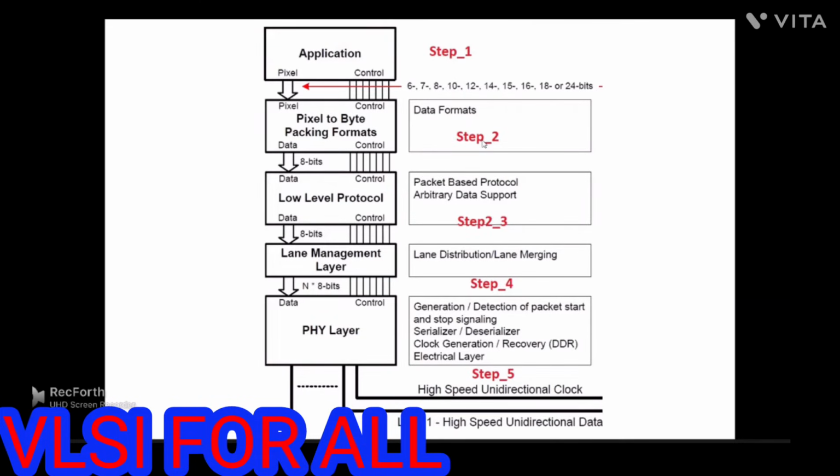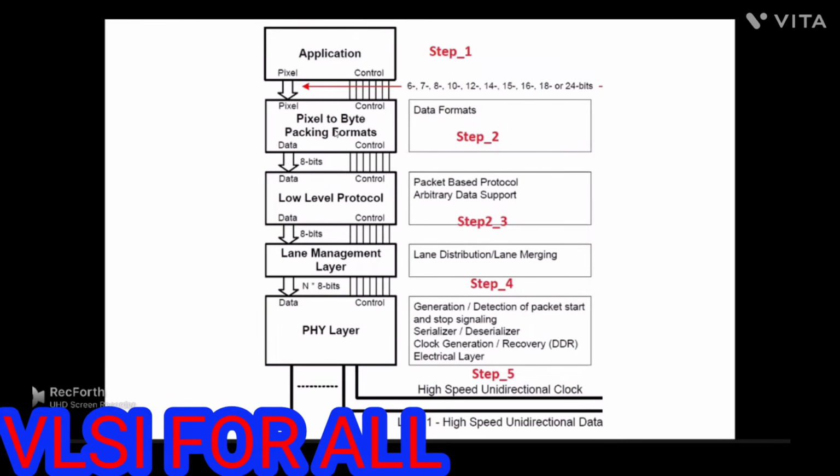So first I will take the data formats. In the application, one camera is connected, the camera is taking some image, and this image format is pixels. But when the FPGA receives the data, the FPGA doesn't understand this pixel format, so we need to convert it into bytes, or maybe you can choose decimals also.